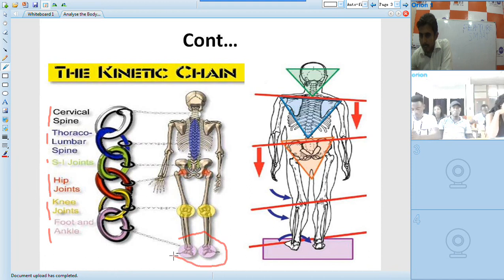This is the foot and ankle part. This is a knee. And here you can see the red ones on both sides. These two are the hip joints which attach our body to our leg.